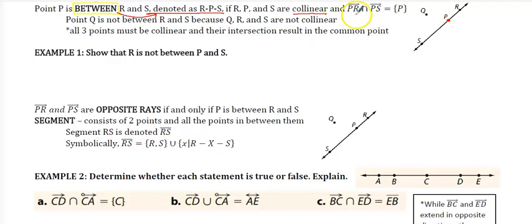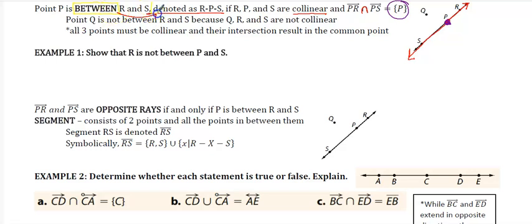And ray PR, so right here we have ray PR, intersects ray PS. Well, where do those two things intersect? What do they have in common? Well, they have point P. So that's what this is saying. This is like the rule of between again, right?